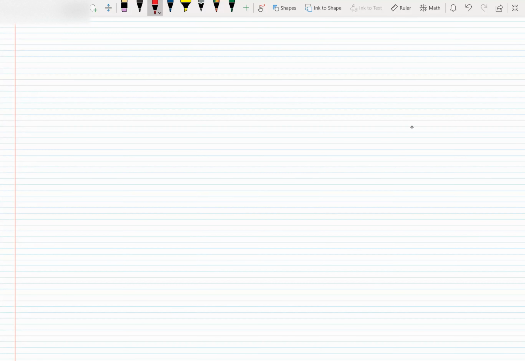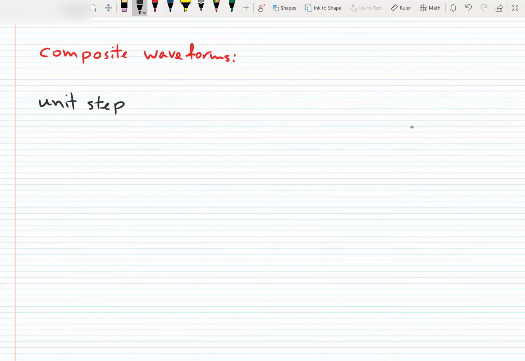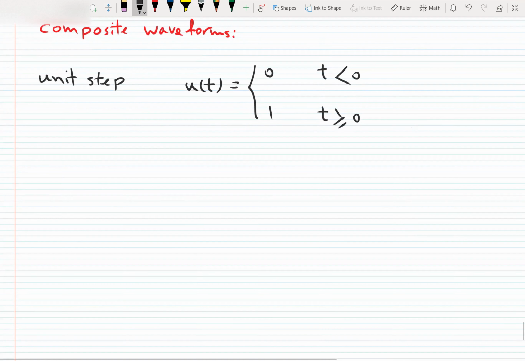Here we want to talk about composite waveforms. The basic signals that we studied so far are the unit step signal, which we show with u of t, and it is 0 for t less than 0, and 1 for t greater than or equal to 0.